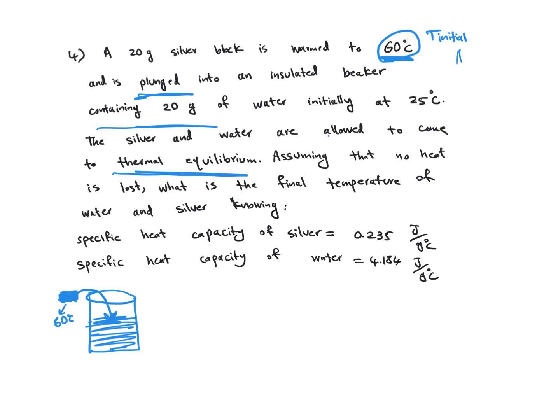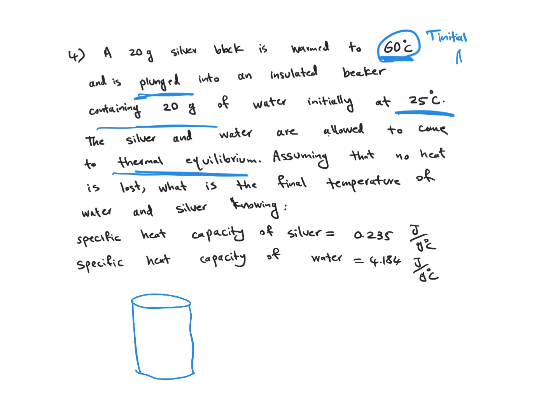But at first, the temperature of water is, let me use another color here. Maybe it's visually more appealing if I use blue for the lower temperature and red for the hotter temperature. So imagine I have my water and the beaker, right?